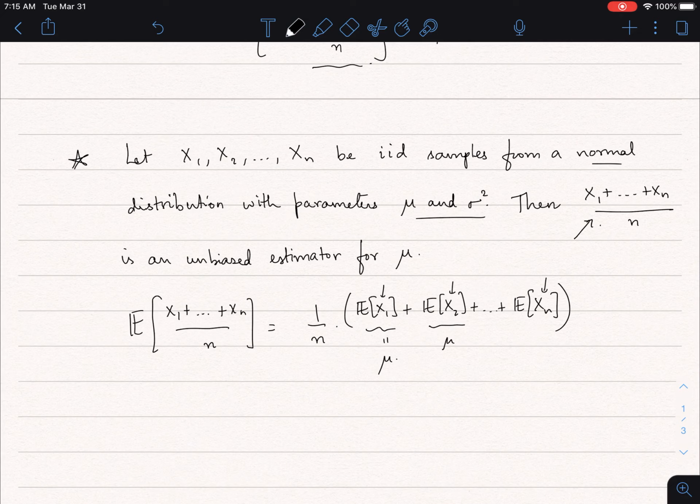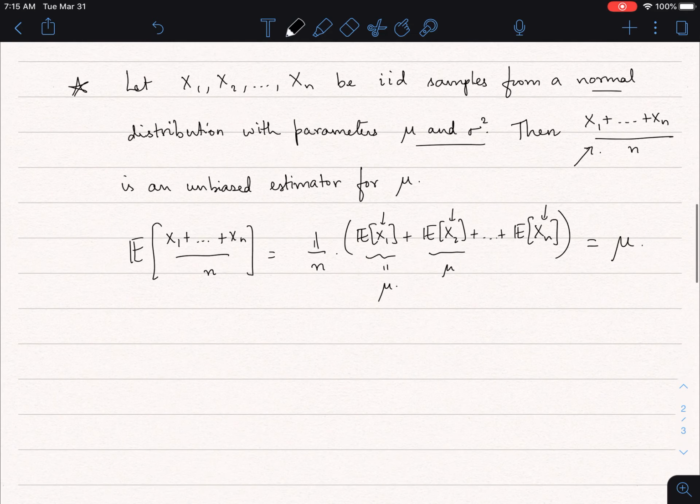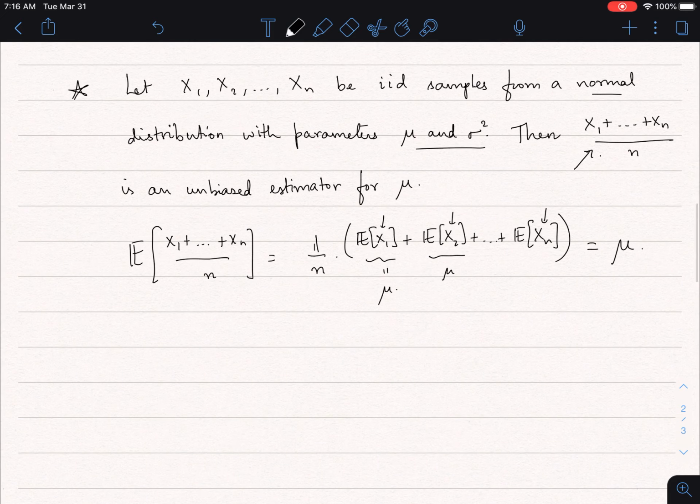We have n such terms, so the sum is n times mu, and with the 1 by n over here, the n cancels out and this is equal to mu. Therefore this is an unbiased estimator for mu. Now suppose I ask, what is a good estimator for sigma squared? That's the first question we're going to ask.